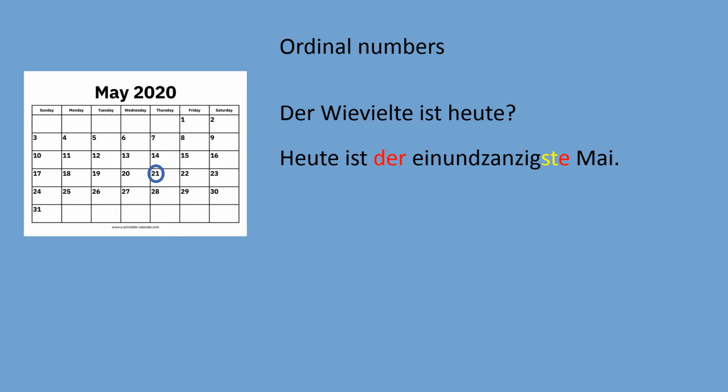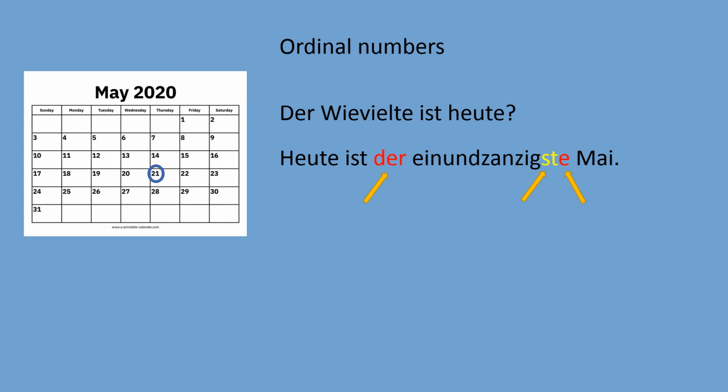So we use Mai with the definite article der because we talk about something which is definite, a date. We finish our number 21 with the suffix st, and we put the ending e at the end. Why did we do it? Because we have the definite article der.